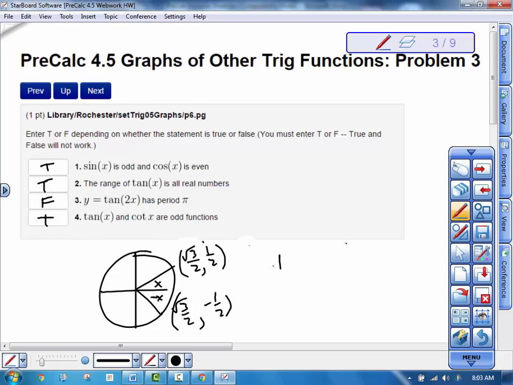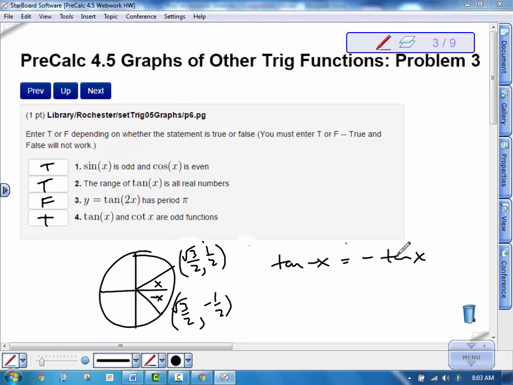Well, you can see that if it's odd, then the tangent of a negative x has to equal the negative of the tangent of the positive x, the opposite of tangent of positive x. So tangent of negative x here is opposite over adjacent, negative 1/2 over square root of 3 over 2, sine over cosine.